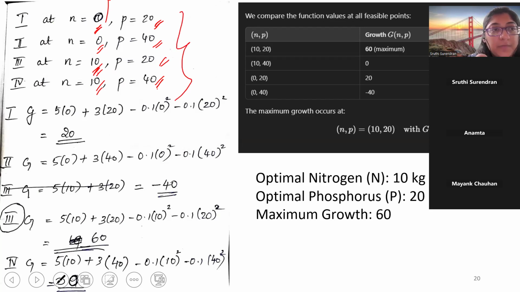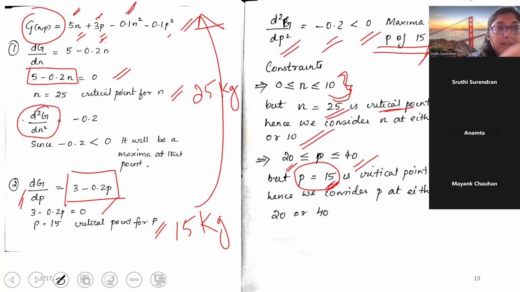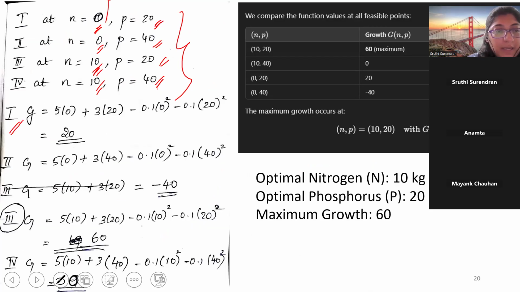So when we substitute for this first category over here, we solve it for this equation. This equation is 5n plus 3p minus 0.1n square minus 0.1p square. When you put n equal to 0 and p equal to 20, we get the answer as 20.